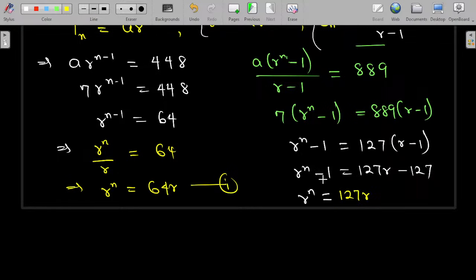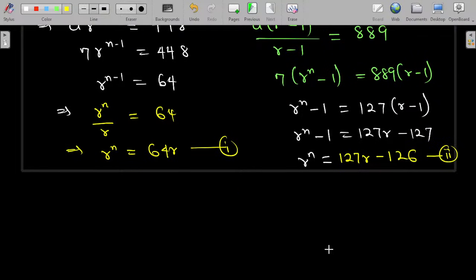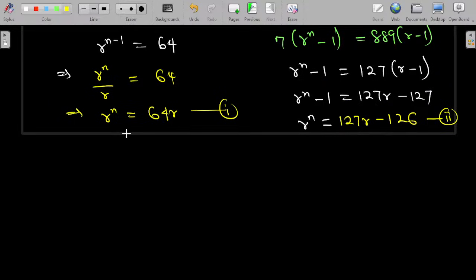Now this coming over here will be plus 1, so minus 127 plus 1 will be minus 126. This is beautiful. So we can call that equation 2, and immediately we can see that equation 1 is Rn and equation 2 is Rn. So you can equate both sides. So, both equations.